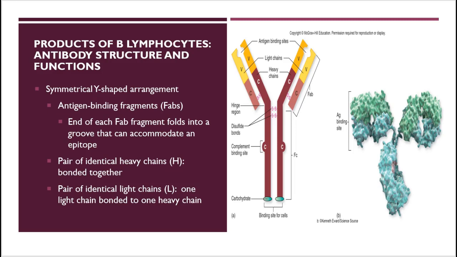So our B cells are the cells that are responsible for antibody production. You can see on the image here, this comes from your text. This is a diagram of an antibody, and it is pretty standard.